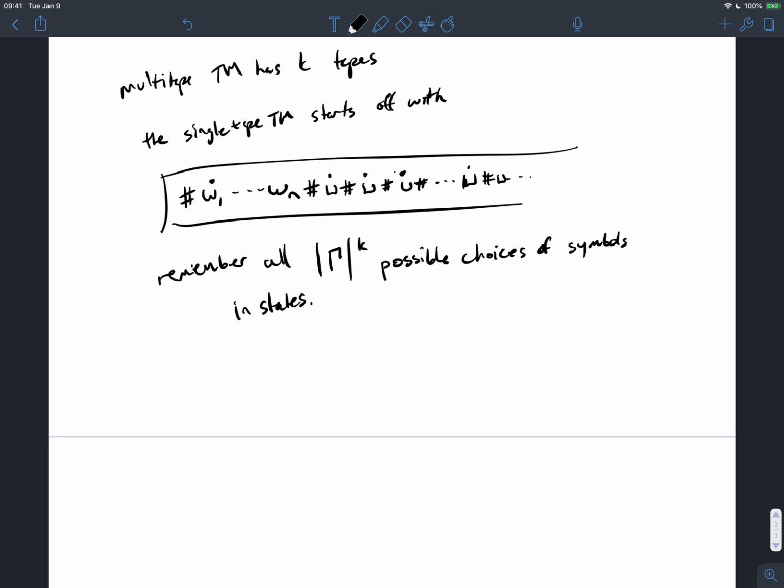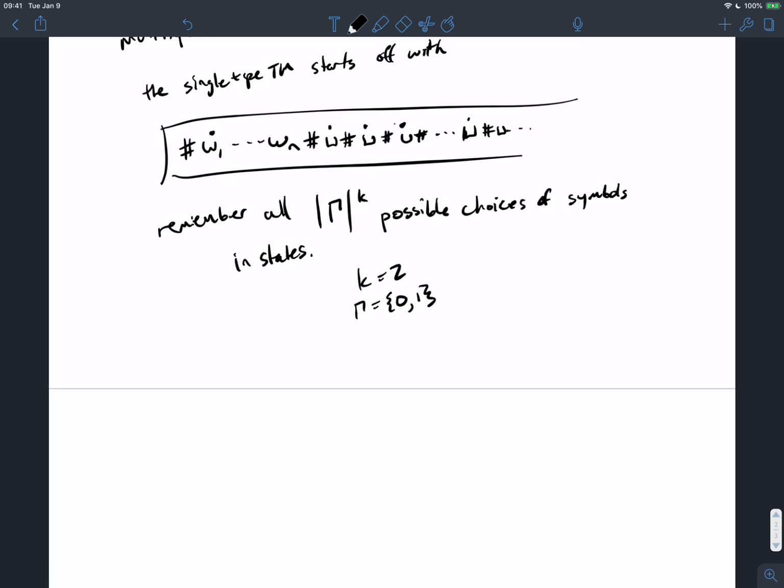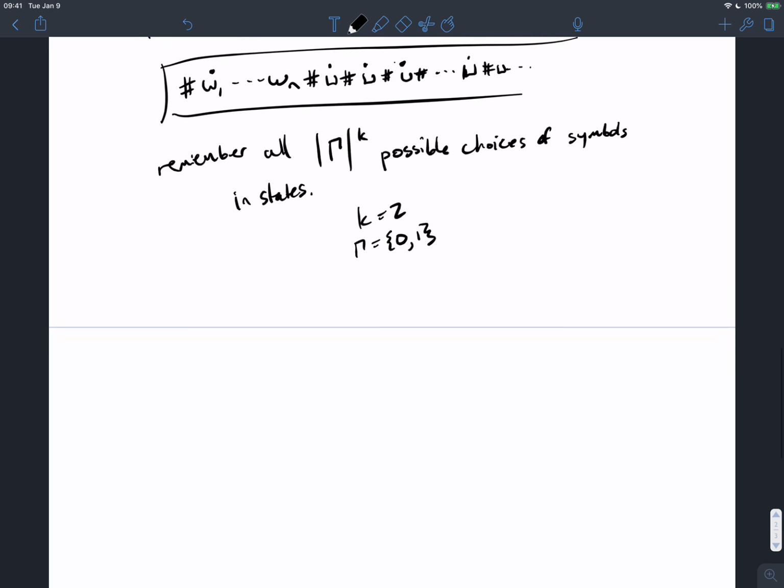So for instance, if K is 2 and the tape alphabet, just for simplicity, let's say we only need to worry about 0 and 1. This is not quite correct, but let's just say we only have 2 characters that could appear under the dot symbol. Well, what we do is we have a state, and then we have 2 choices as to what we see on the first tape head, which is a 0 or a 1.